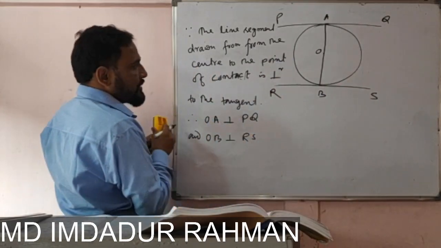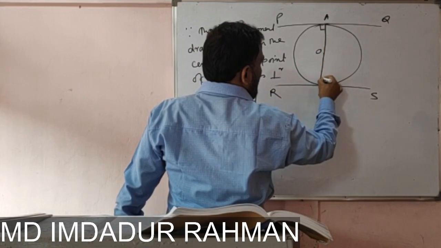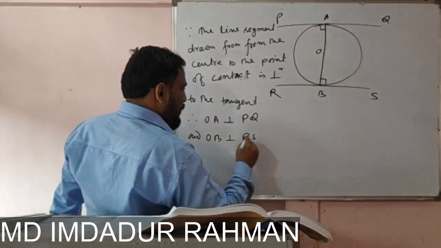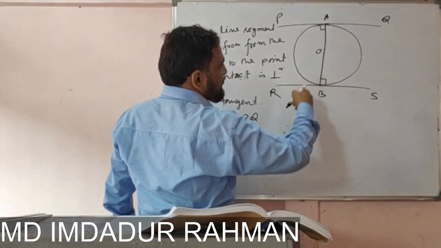So if these two are perpendicular, then we can say that these two angles are 90 degrees. So therefore, what can we write?